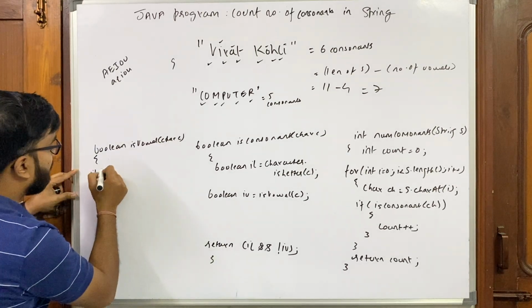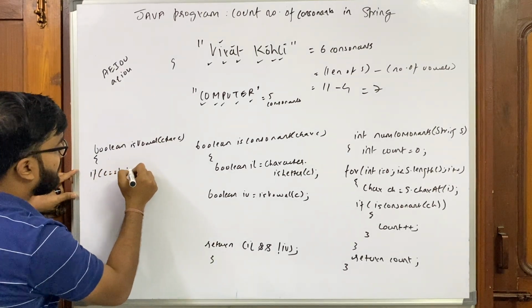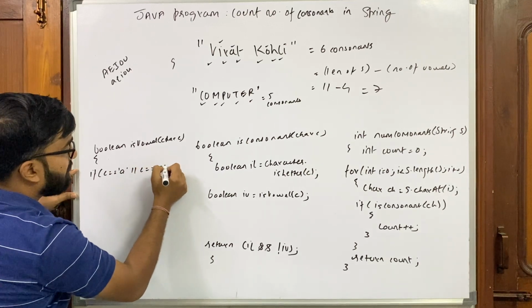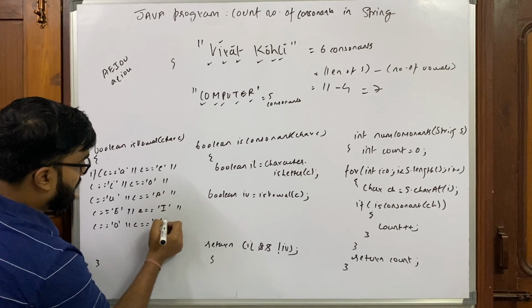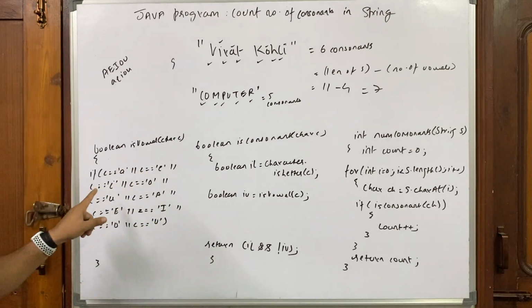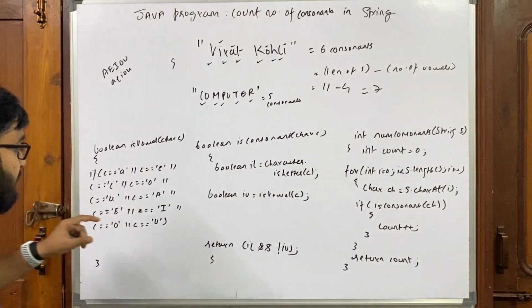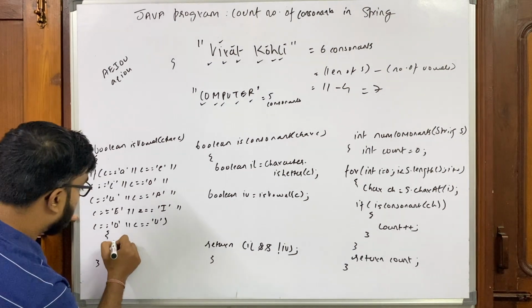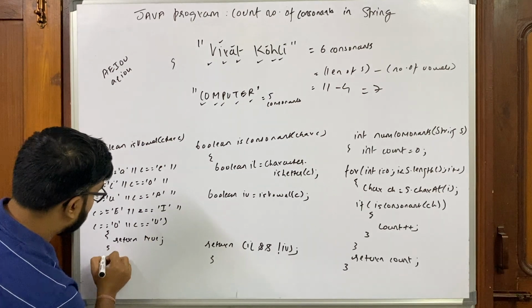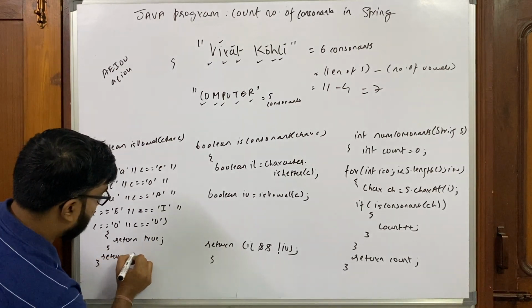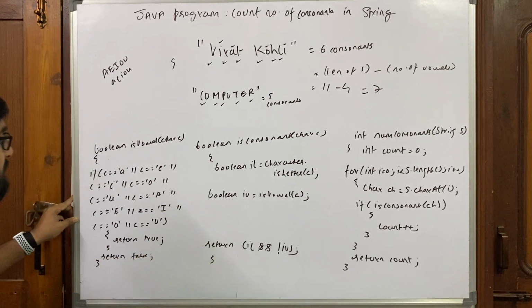That is to say, if C equal to lowercase a, or C equal to lowercase e, or C equal to lowercase u, 1, 2, 3, 4, 5, 6, 7, 8, 9, 10. I close the condition, I say return true. So if this if condition is true, I return true, otherwise I return false, okay?